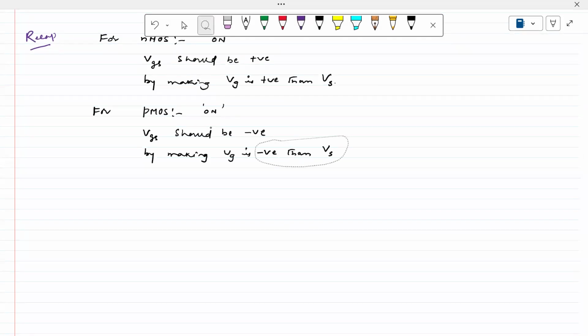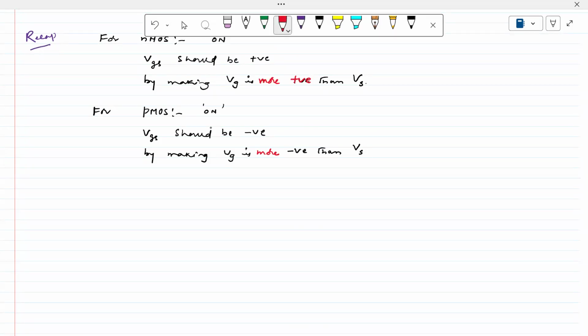Okay, let me write the words more negative. Here also, more positive than. I've given a clear explanation on why it is so with the help of different combinations, I'm sure.